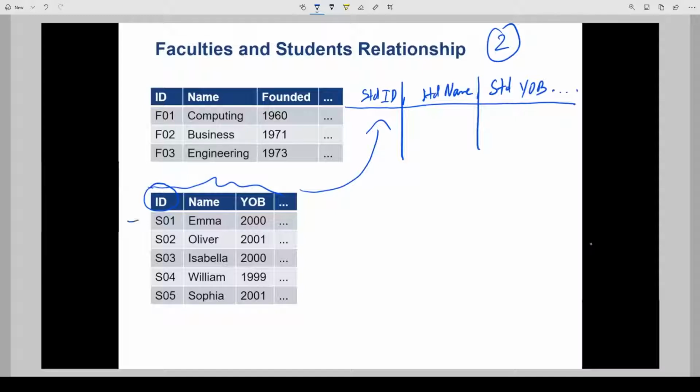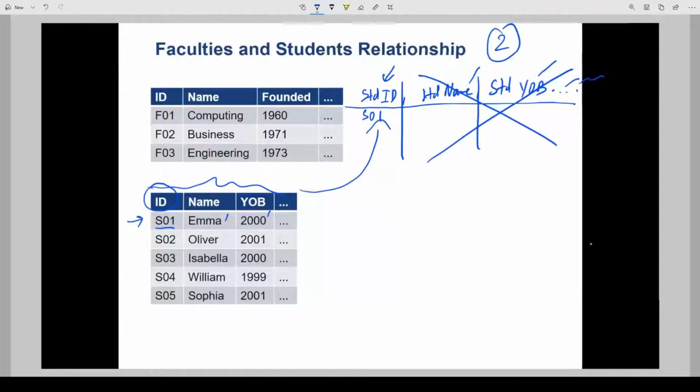For example, given ID is S01, we will always be able to retrieve name, year of birth, and etc. It means that in here, if I put S01 in here, I don't need the name, I don't need the year of birth, I don't need all the other attributes of the student, because given the student ID, I can retrieve all the other attributes easily.